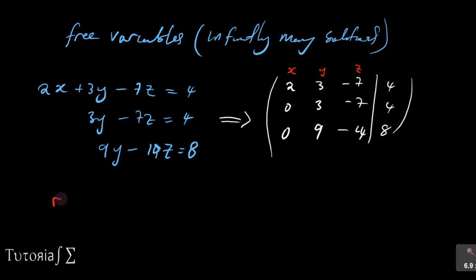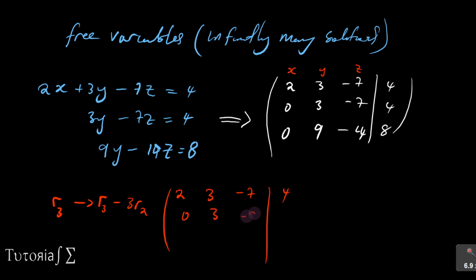So we'll say row 3 changes to row 3 minus 3 row 2. Row 1 will remain unchanged. We're going to have 2, 3, negative 7, and the 4 here. Then we have 0, 3, negative 7, and the 4. Then row 3, that is 9 minus 3, that will be 0.